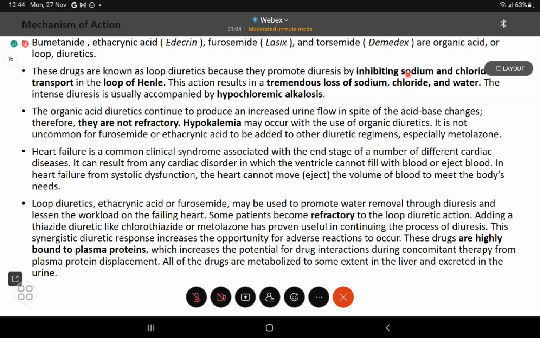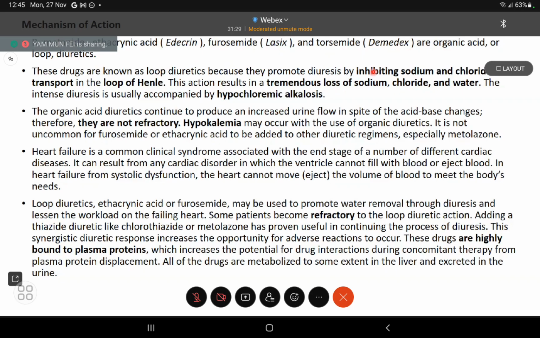So the mechanism of action is to inhibit sodium chloride ion transport in your loop of Henle. Before we go further, it's nice to have a look at the members of this group. We have bumetanide, ethacrynic acid, furosemide, torsemide, and others as well.